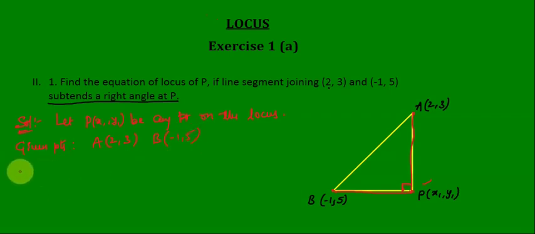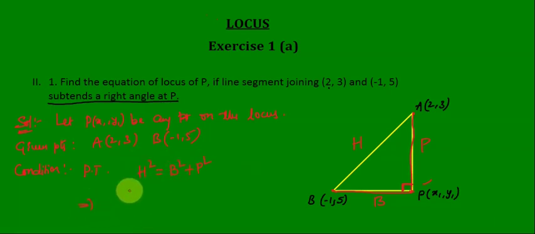And next the third step is the condition. So what is the condition here? Using Pythagoras theorem. So what does it state? It states that hypotenuse square will be equal to base square plus perpendicular square. We'll make use of this condition.